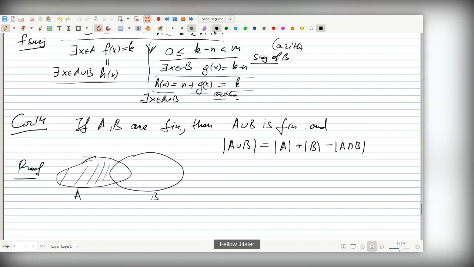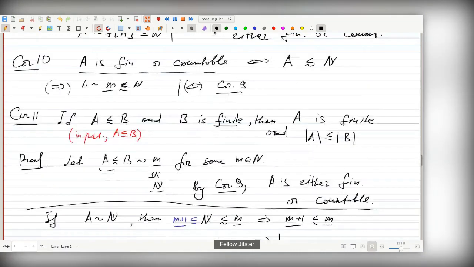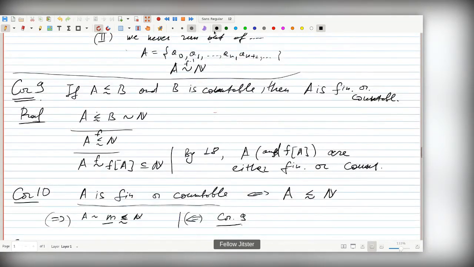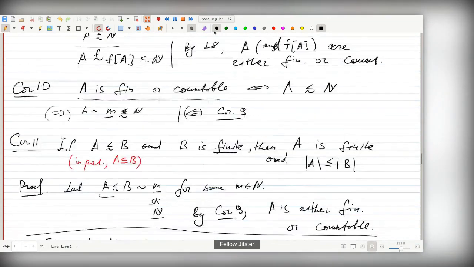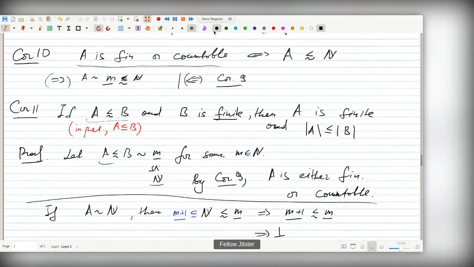Okay, look, what is A union B? Clearly, A union B equals A minus B union B. This set is finite by definition, by the assumption. Why is this set finite? It is a subset of a finite set. Hence, it is finite as well by a respective corollary. You know, previously we had corollary 11. If something is embeddable into a finite set, it is finite itself.